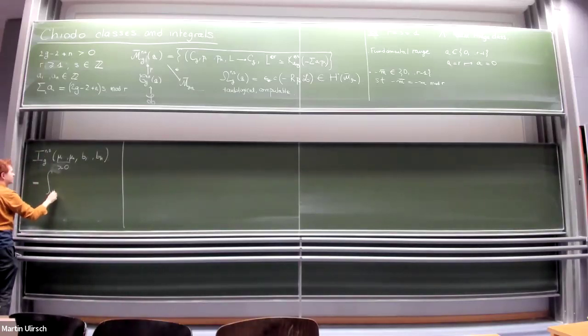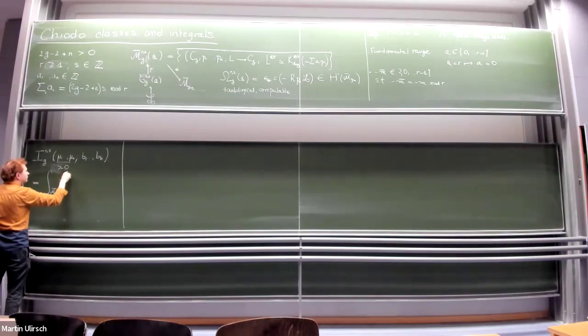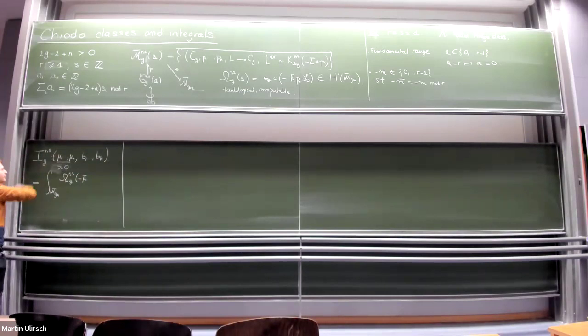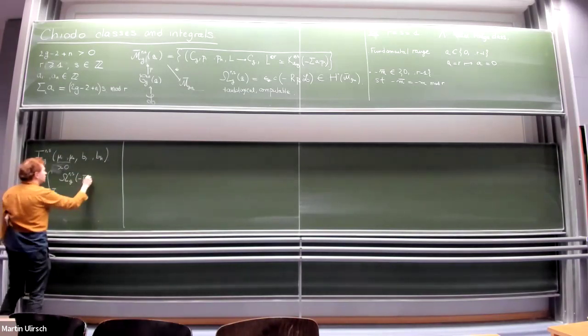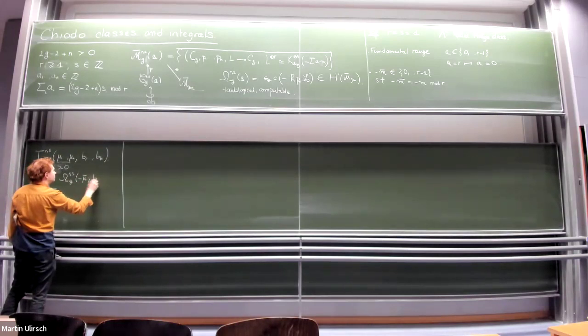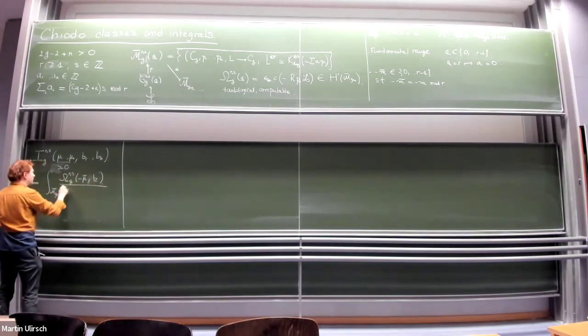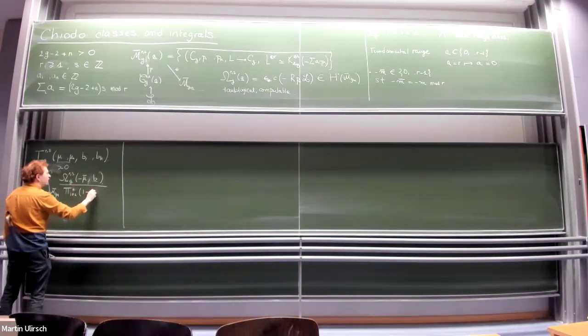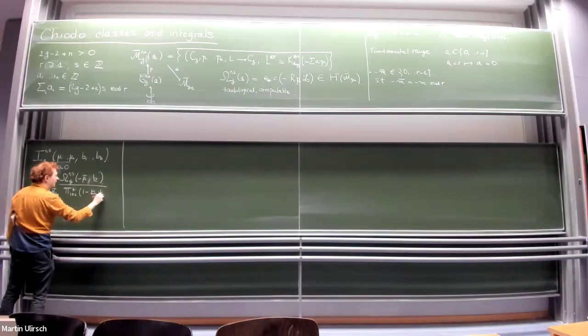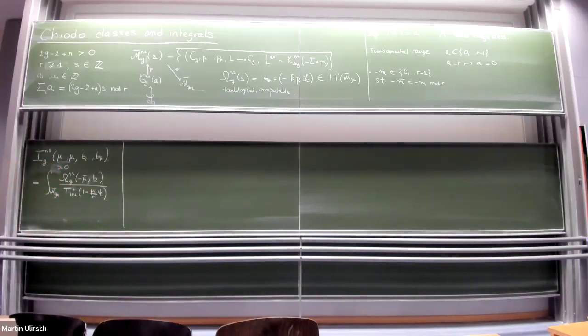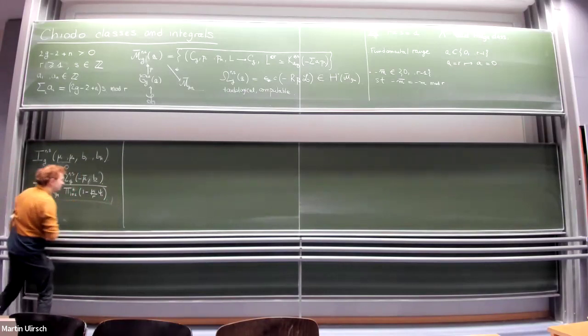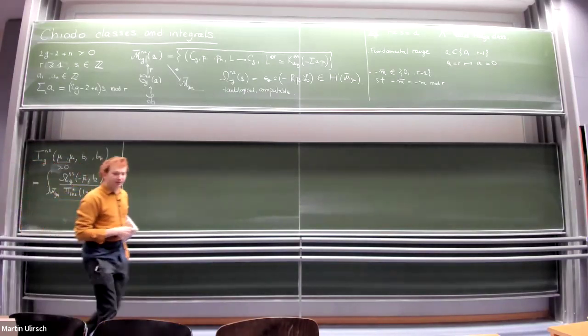By definition, this is the integral of the Chiodo class with parameters minus mu bars, so you apply the bar operation to each of the mu's, and to the b's. And we're going to put psi class insertions in a very particular form: one minus mu_i over r, psi_i. So we want to study, we're going to say something about those.